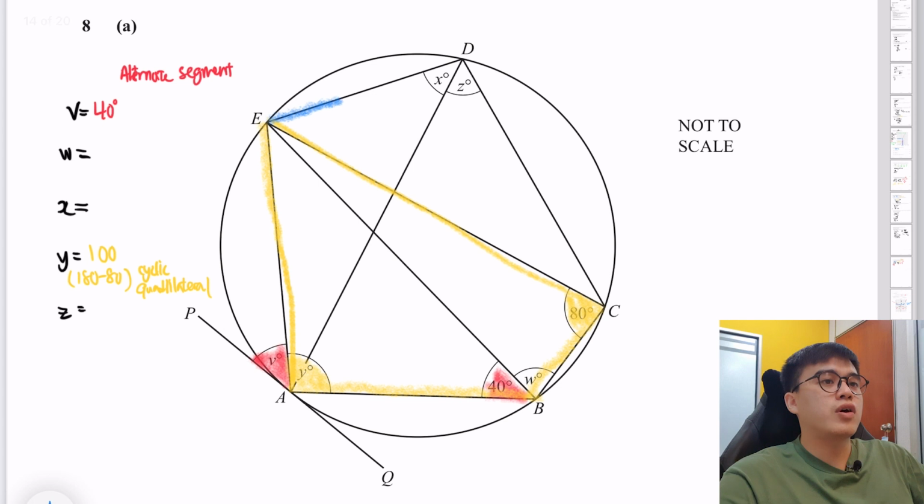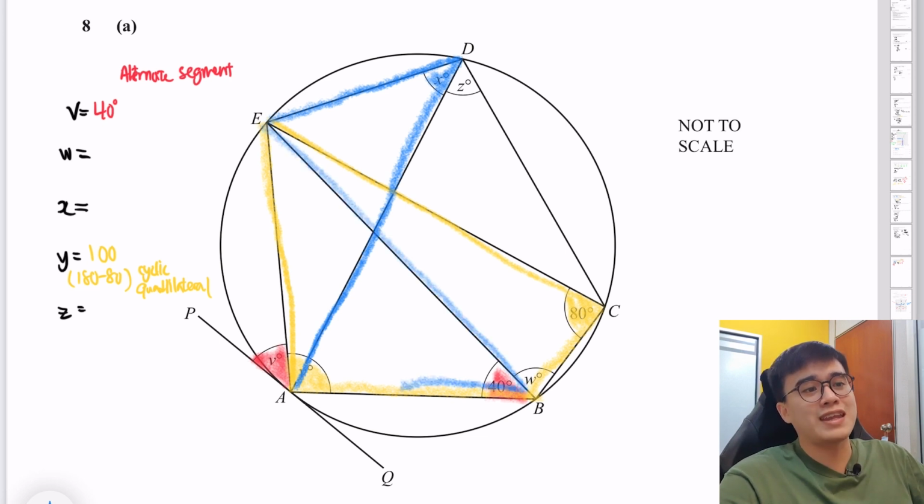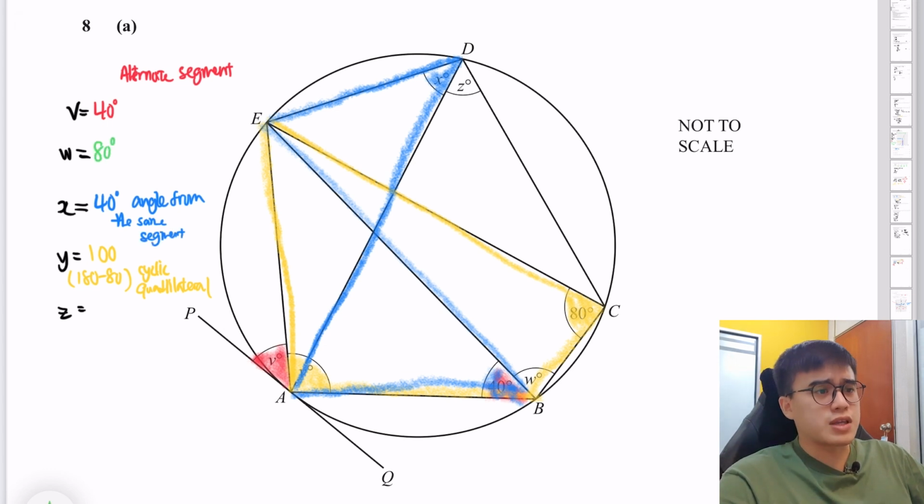I then move on to identify my x because they are angled from the same segment where they have the same starting point of EDA as EBA. So it is 40 degrees for that. With this 40 degrees, I then check through the statement that was given by the question.